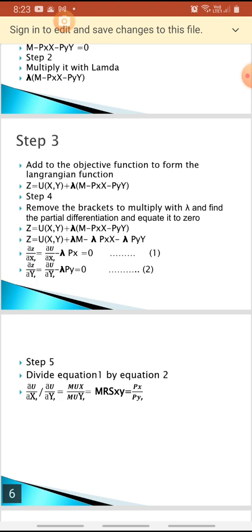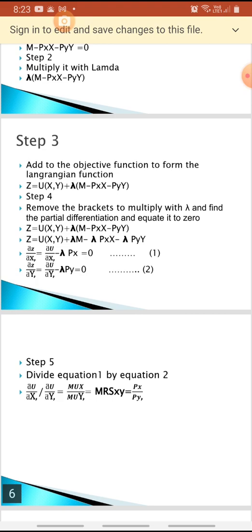So that is dou u by dou y minus lambda Py is equal to 0.